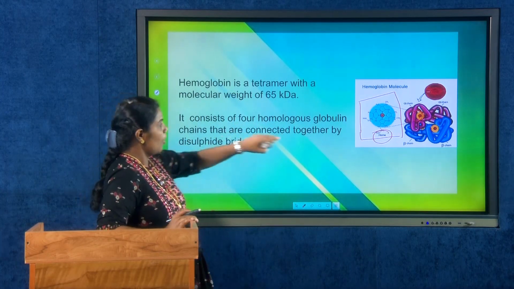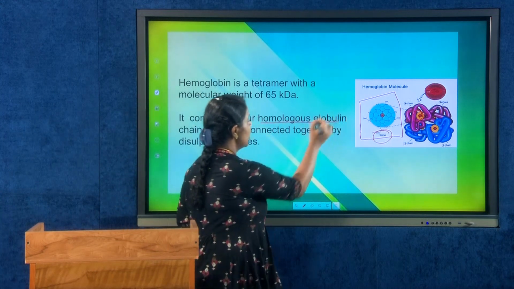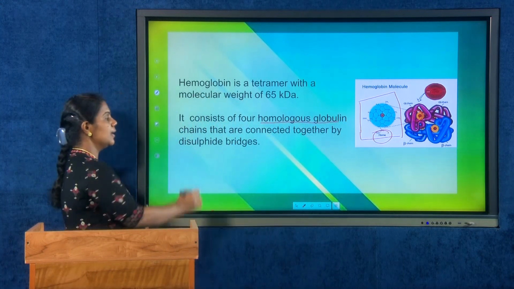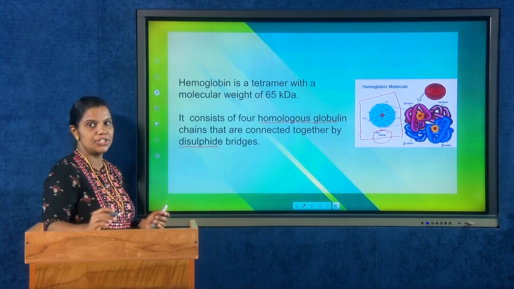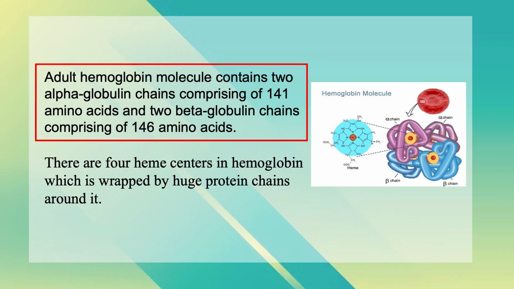Heme is an integral part of the hemoglobin molecule. It also contains homologous globin chains which are connected together by disulfide bridges. The adult hemoglobin molecule contains 2 alpha globin chains, which comprise 141 amino acids, and 2 beta globin chains, which consist of 146 amino acids.